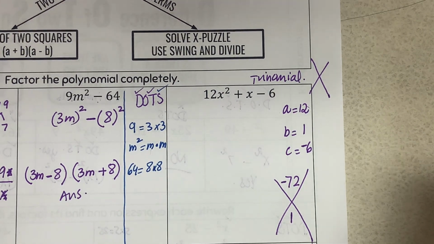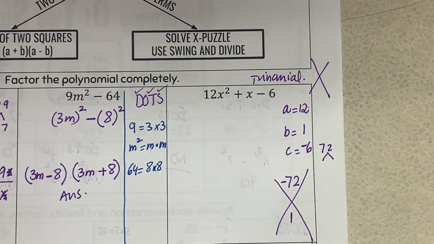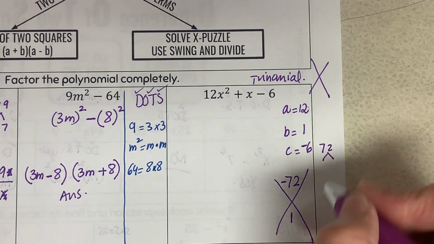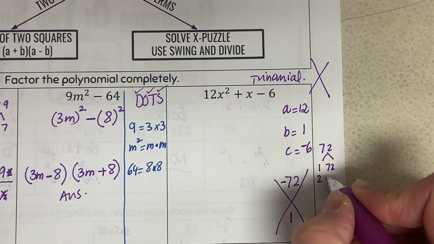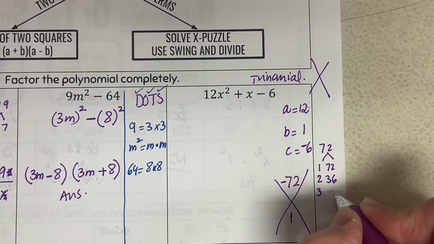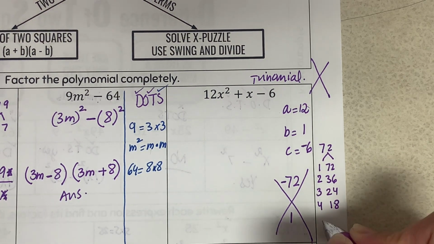Now I need factors of 72. 1 times 72, 2 times 36, 3 times 24. It doesn't go on 4? 72 divided by 4, yes, it does, 4 and 18. 5, it does not go on 5. Does it go on 6?